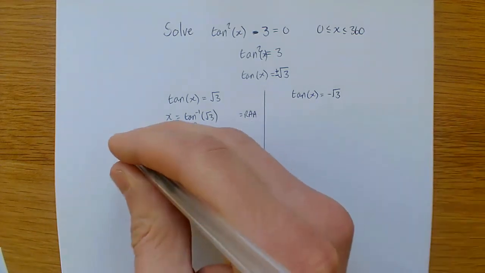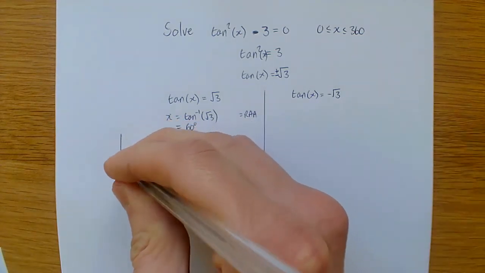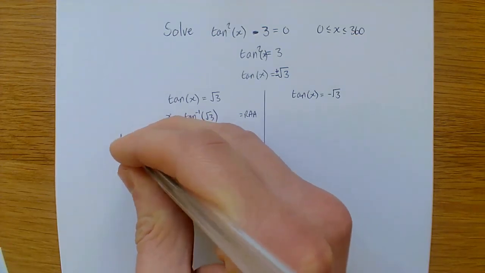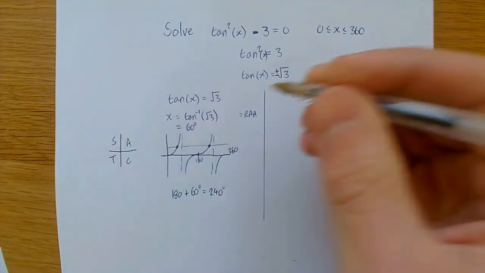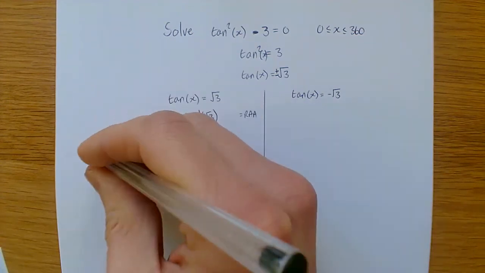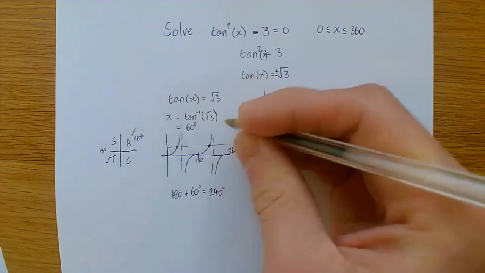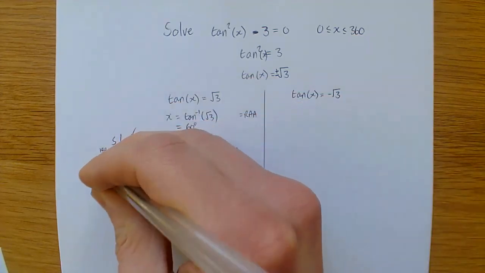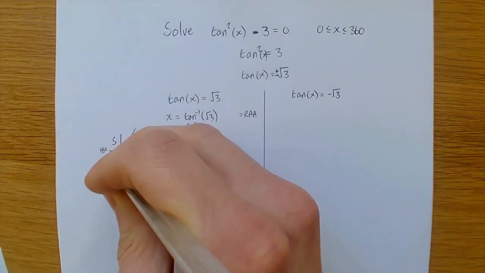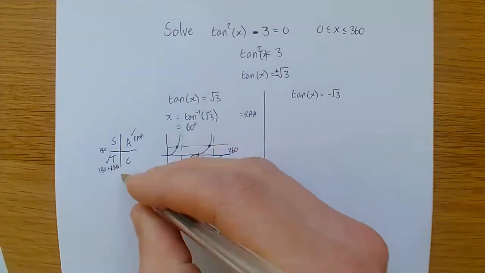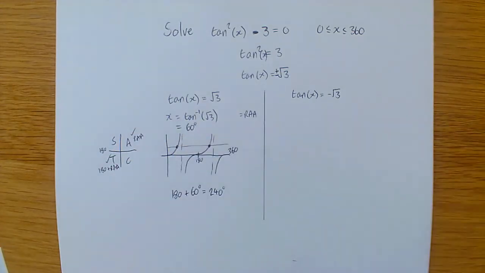Equally, if you had used CAST, like I'm going to fit that in across here. If you'd used CAST, tan is positive here and here. That's 180. This one gives us a relative acute angle, which we got up here. This one is 180 plus the relative acute angle. So we've got our 2 values there and there, all sorted.